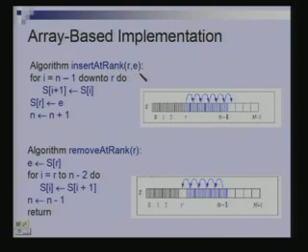Now, if I have to insert an element at rank r, let us say my ranks begin from 0, rank 0, rank 1. What do I have to do? I have to put an element here, which means that I have to shift all these elements one step to the right, and then I put the element here.